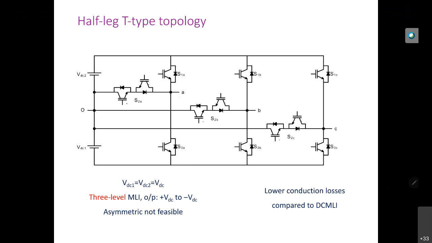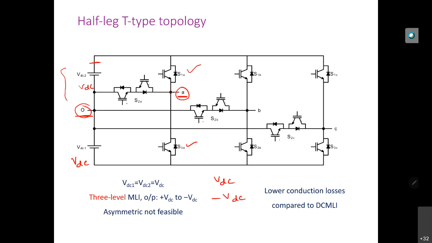We are measuring the voltage between this point and this point. When you turn on the upper switch, A is connected to this point, so the voltage is VDC, assuming both are the same. When you turn on the bottom switch, the voltage between A and 0 is minus VDC. So now we have the 0 level, right?